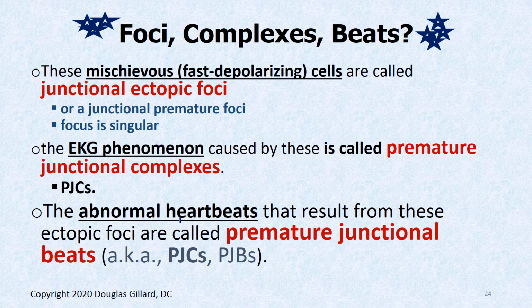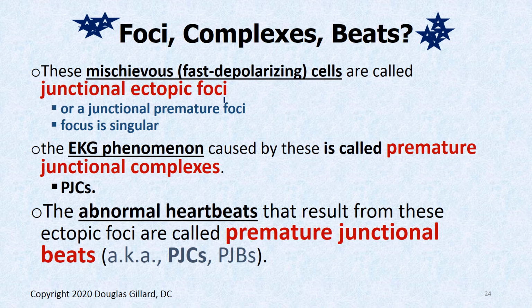The difference between foci, complexes, and beats, this is a good slide. The misbehaving cardiac tissue cells, the troublemakers, the rebels, are called ectopic foci. Ectopic foci give rise to an EKG phenomenon that we're going to be looking at, premature junctional complexes, or PJCs.